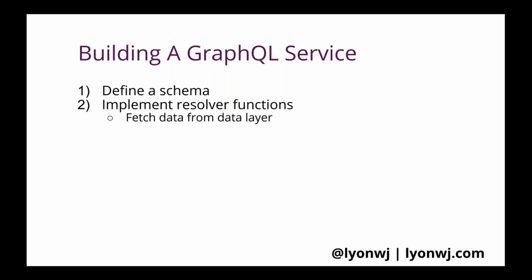And the resolver functions have logic for fetching data from the data layer. So GraphQL is not coupled with any specific database or data layer. In fact, it's designed to be bolted on to any existing data layer. We can query multiple data services. We can even wrap existing REST APIs in GraphQL.